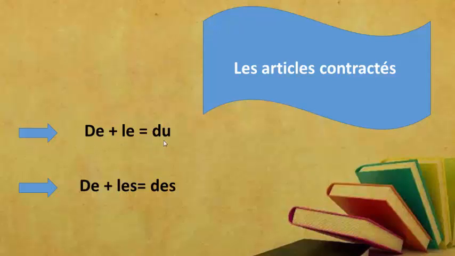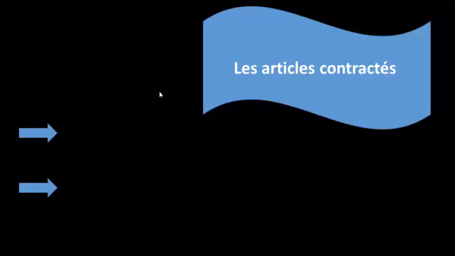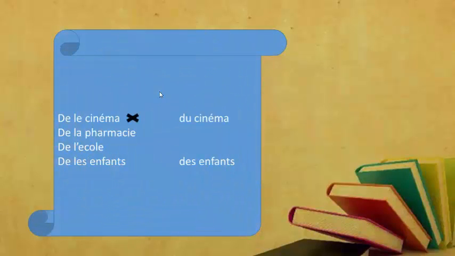You never write de plus le, you write du. And also for the plural, you don't write de followed by les, you change them into des. For example, we don't say de le cinéma. We used to say du cinéma.